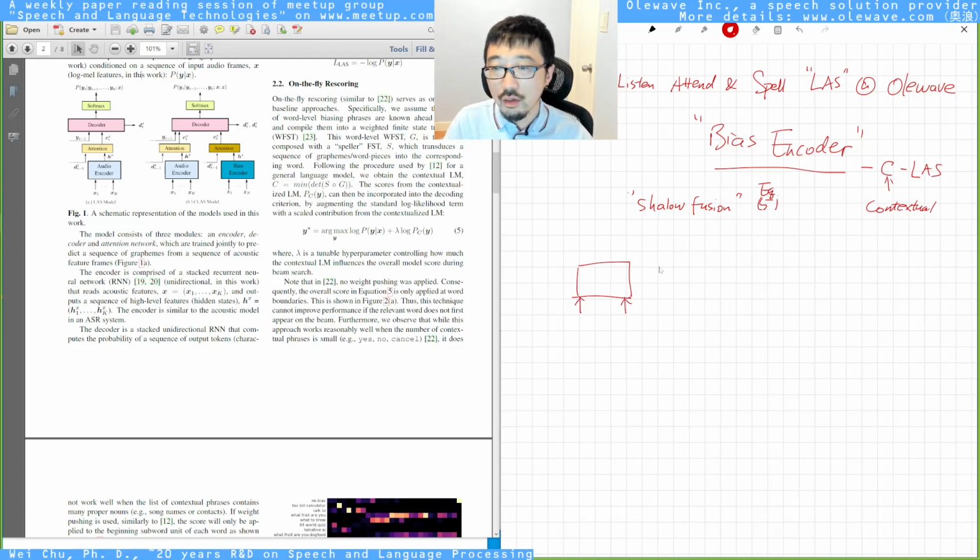So for the bias encoder, you have Z1 to Zn, which are n bias phrases. But you could also have, I think they call it Z_NB or Z0, where Z means nothing. You could choose to have a non-bias phrase by getting the proper attention weights, right?